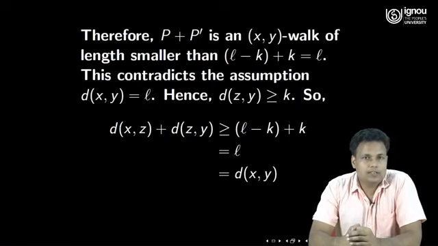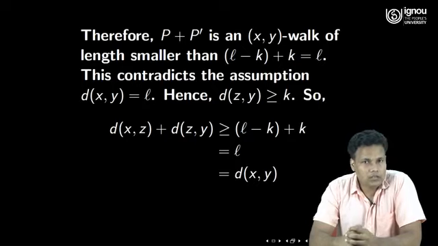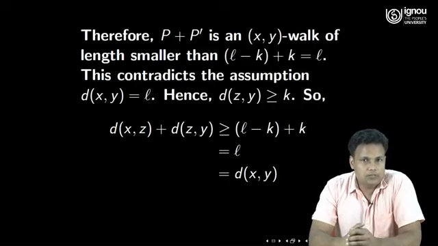Because dxy equals L means that any xy path, including any xy walk, must have length at least L. So this is a contradiction, and therefore the distance between z and y must be at least k.